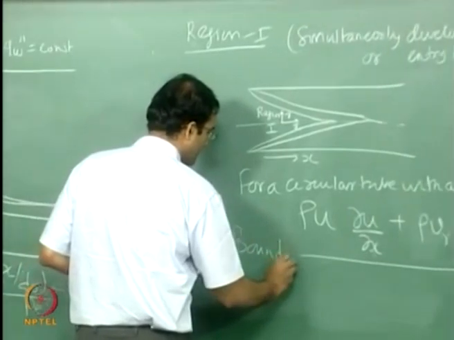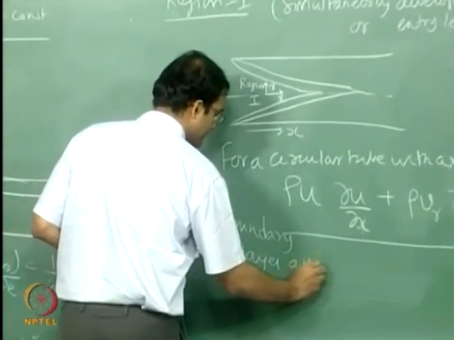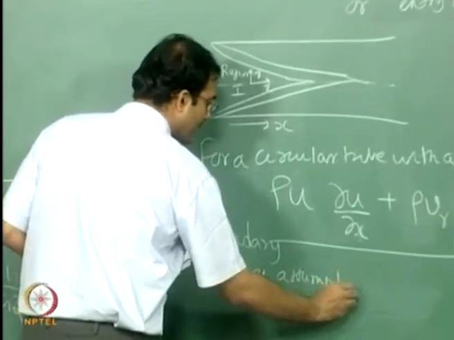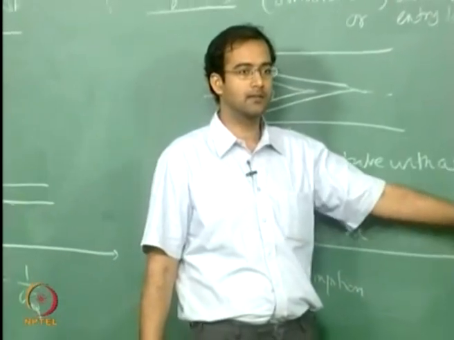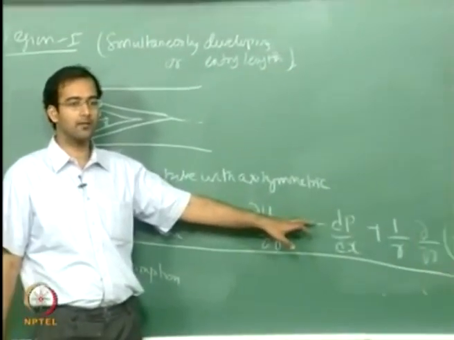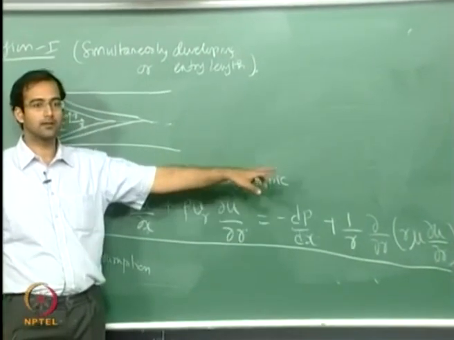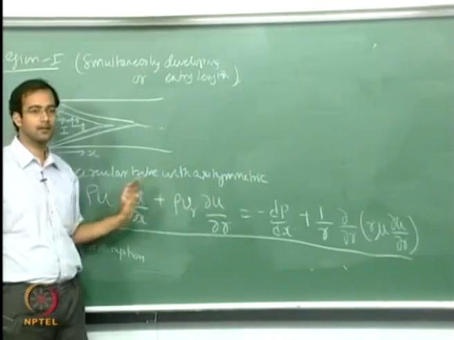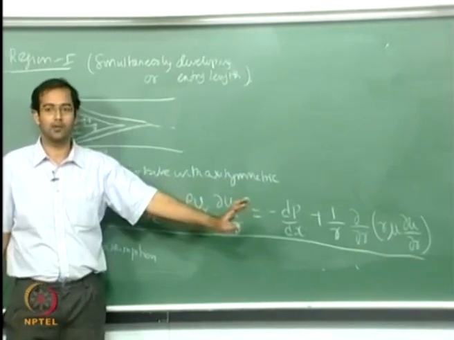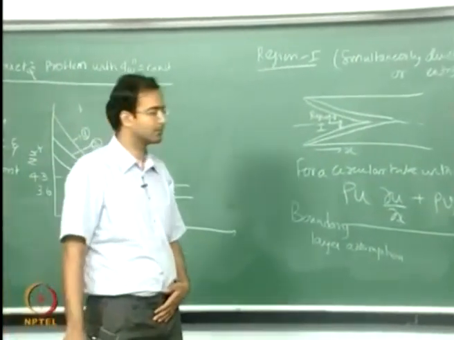So this is your boundary layer assumption. Remember, in the flat plate case we had the same thing, u du by dx plus v du by dy is equal to, if you have a pressure gradient, minus 1 by rho dp by dx plus nu d square u by dy square. The same way we have constructed the boundary layer equation in the radial coordinate system, okay.